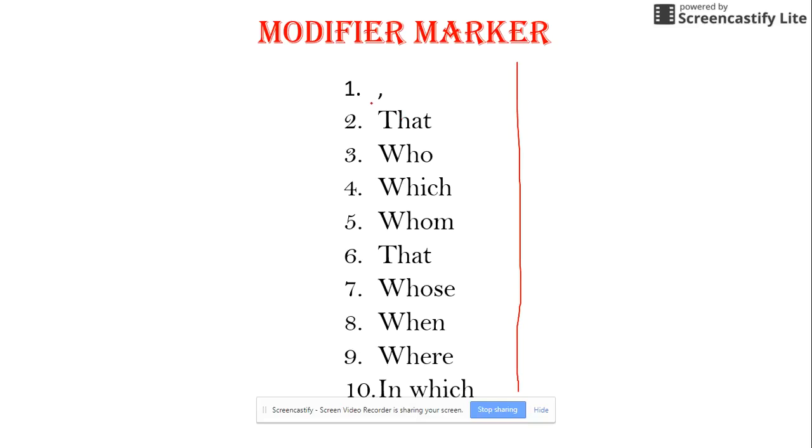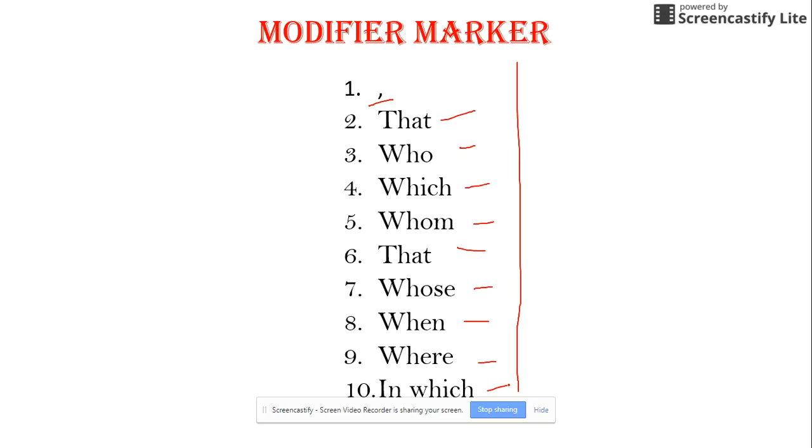So the first, wherever there is a comma, we should get alert about whether it's a modifier error or not. So, comma, that, who, which, whom, whose, when, where. These all are modifier markers.